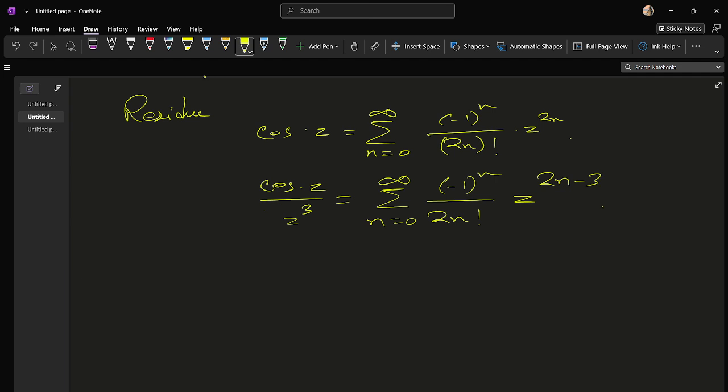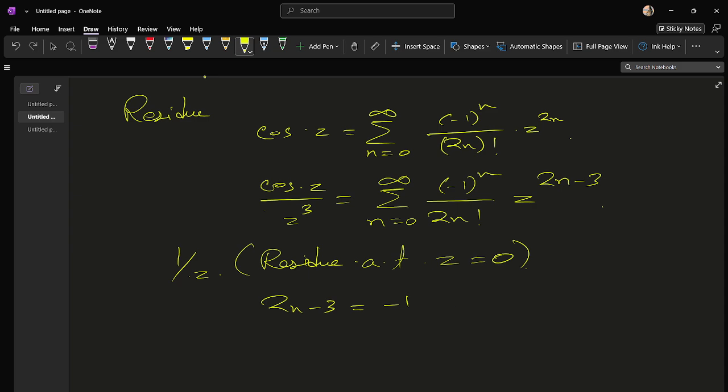To compute the contour integral, we need to find the coefficient of 1 by z, which is the residue at z equals 0. From the series we see that the term with 2n minus 3 equals minus 1 gives the residue.